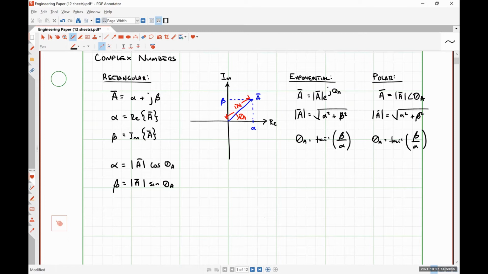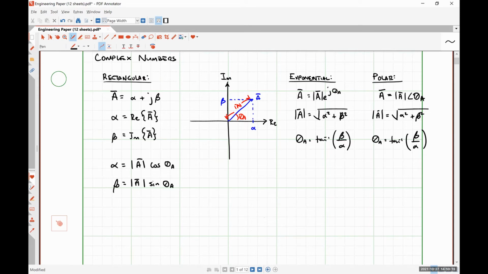We can go from rectangular to polar or exponential, and then we can go from polar or exponential back to rectangular as is necessary. And when we get into doing mathematical operations with these, I'll make it clear why sometimes it's easier to do some types of operations in polar and other types of operations in rectangular form.